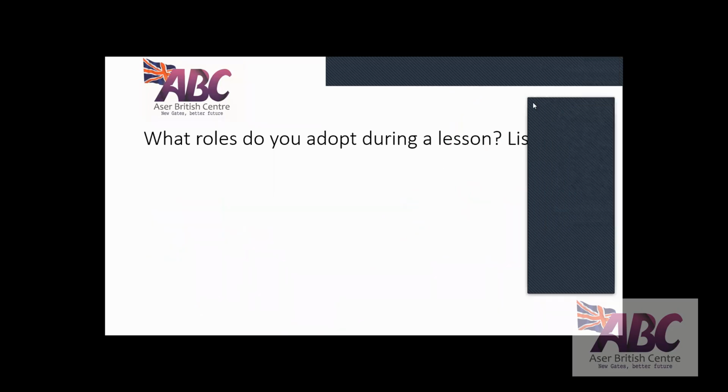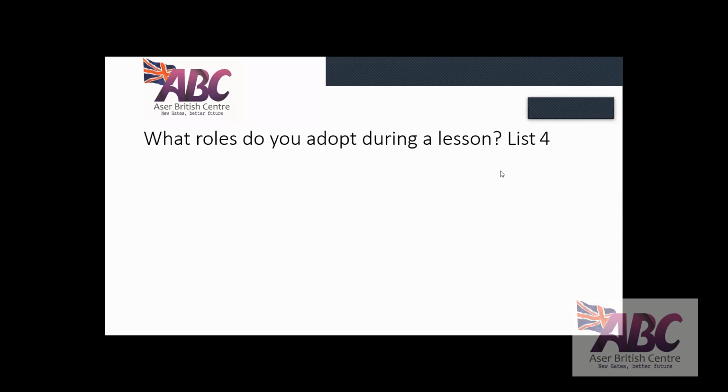All right, I'll start now by telling you what roles you can take on during your lesson in the classroom, okay? The first role that you should be aware of is that you are a planner. You use this role to prepare and reflect on the lesson before teaching. Prepare yourself for the lesson. You also should anticipate problems that you may face during your lesson.